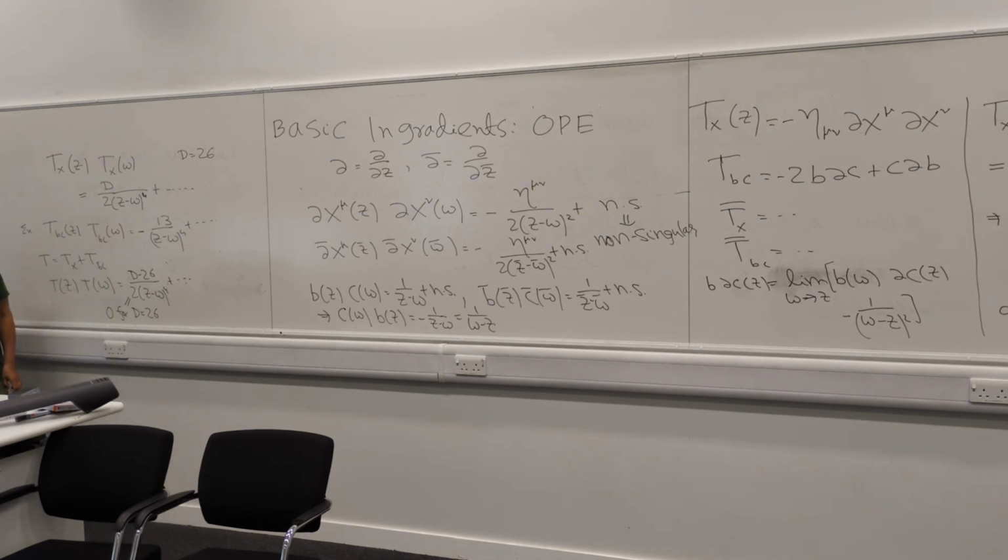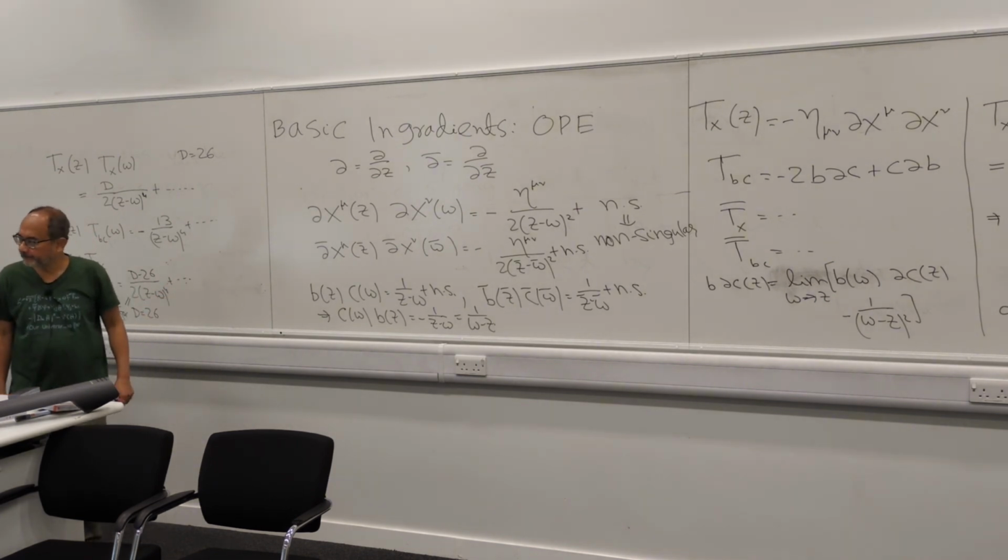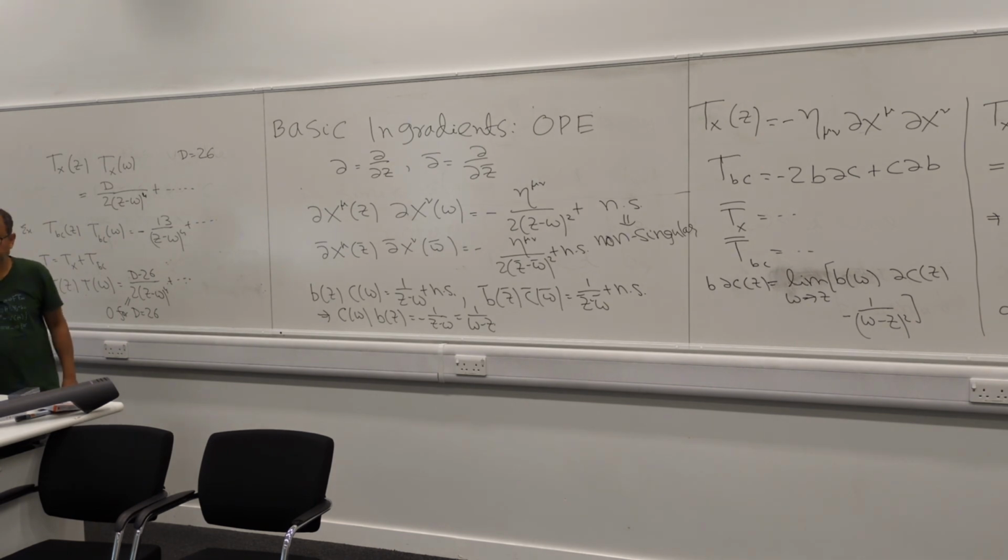So the total central charge of the matter and the ghost system vanishes when D is equal to 26. This will have many other consequences, but this is the first time we see that D equal to 26 is somewhat special.